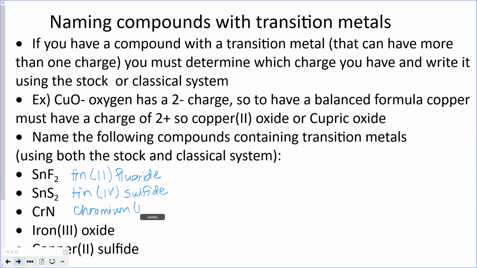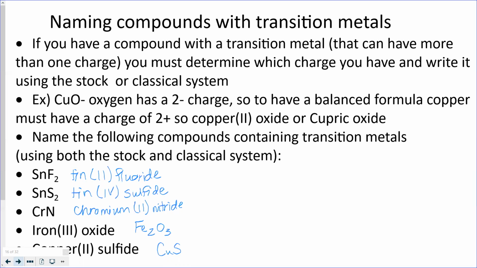But we had chromium 3 nitride. And then we had written out the iron 3 oxide and copper 2 sulfide. So that's what we did in the previous video, just naming with the stock system and writing formulas.